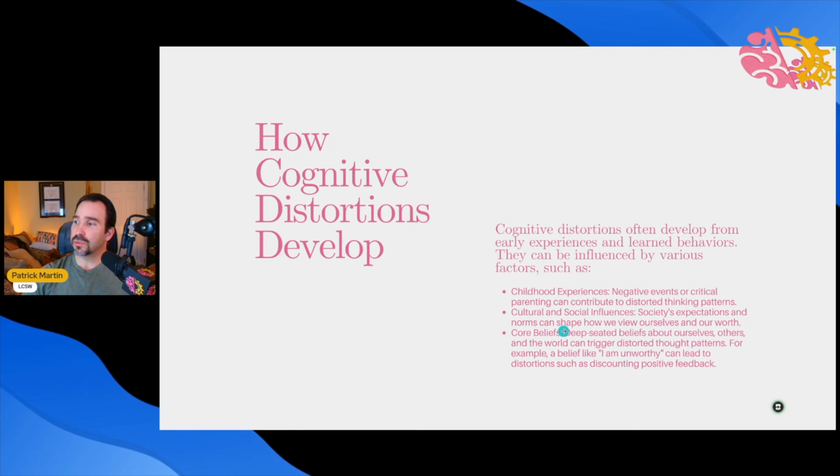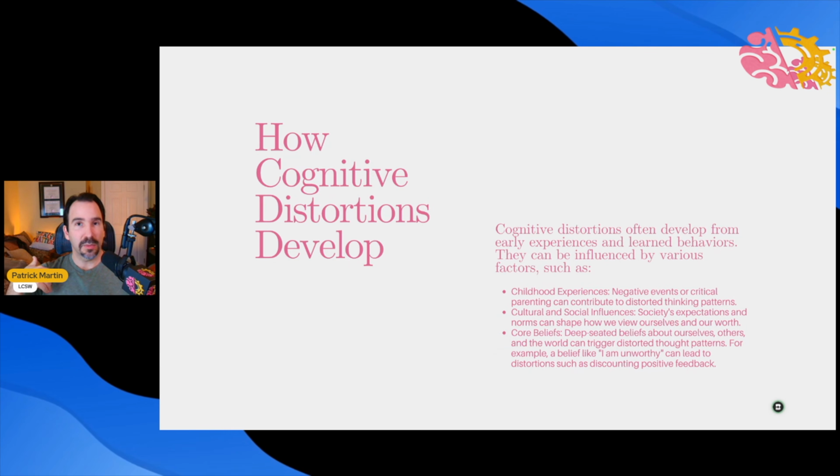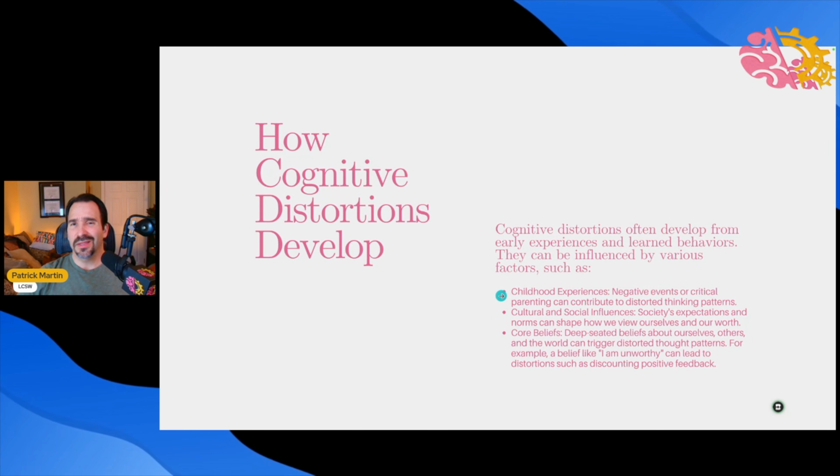So cultural and social influences, society, media, social media, right? We have to be very careful what we're taking in because the more we take something in visually, if we're listening to something, then that's going to have an influence on us, just in the same way that we're influenced by the people we hang out with, right? What's that saying? You're the average of the 5 people you spend the most time with, right?